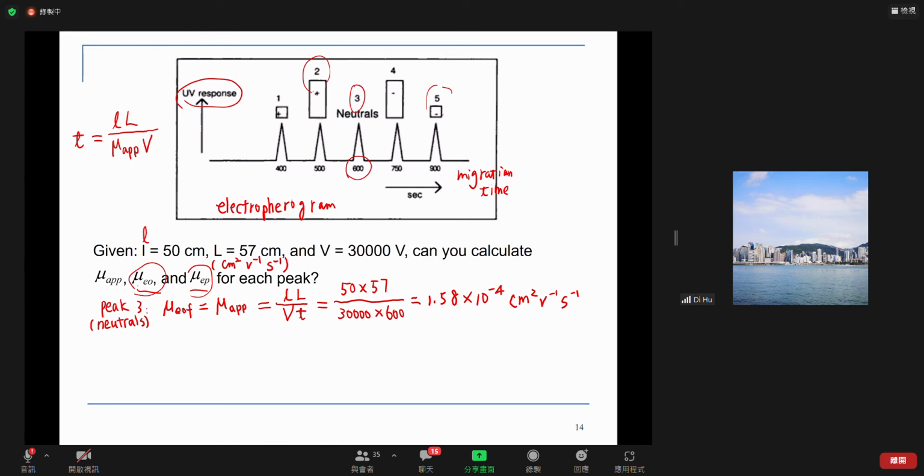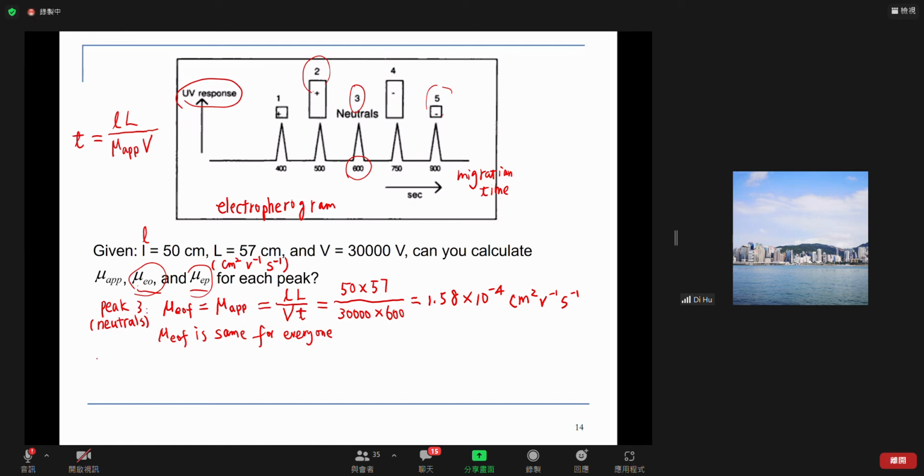That means from that, I already know what the EOF is. It's the same for everyone, right? So that means I already got the EOF for peaks 1, 2, 3, 4, 5. It's the same. The next step is so straightforward.